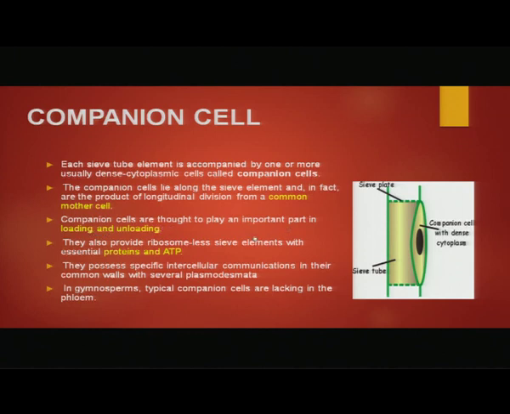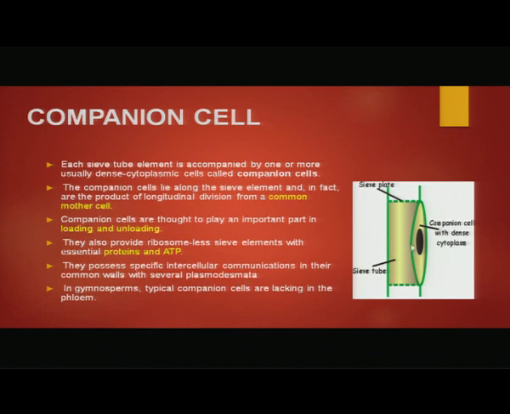They play an important role in loading and unloading of phloem, and also they provide ribosome-less sieve elements with essential proteins and ATP. They possess specific intercellular communications in their common walls and have several plasmodesmata.